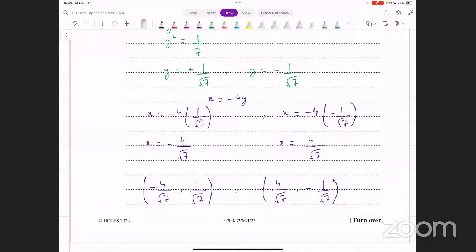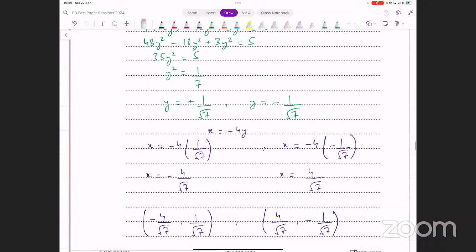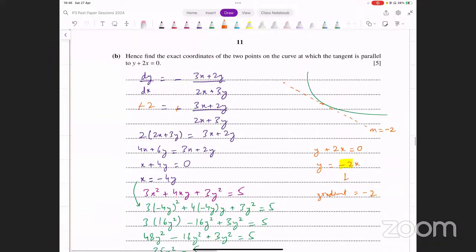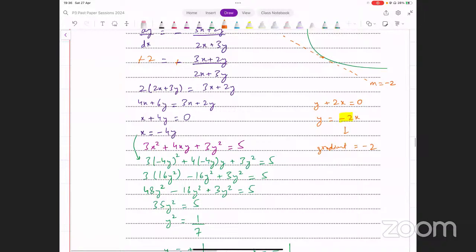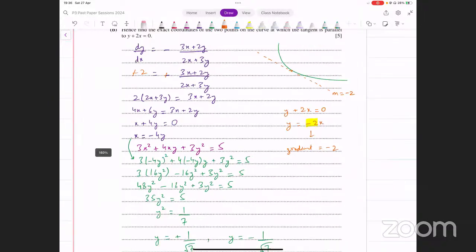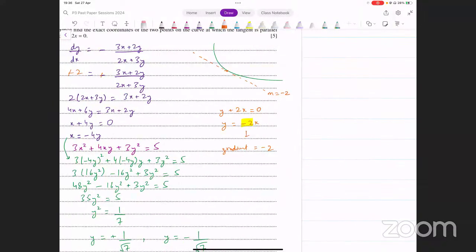No problems with this? Can we move on? Sir, yes. Sir, can't we equate the equation? Can you scroll up a little bit? As, sir, y plus 2x equals the equation of the curve. How do we do that? Sir, as it is tangent. No, but y plus 2x equals 0.